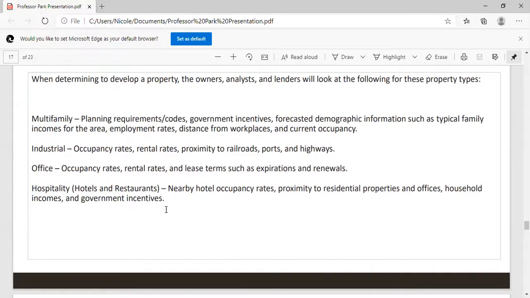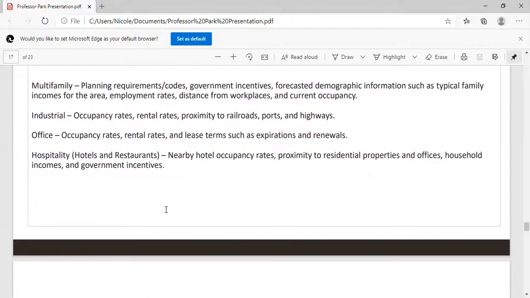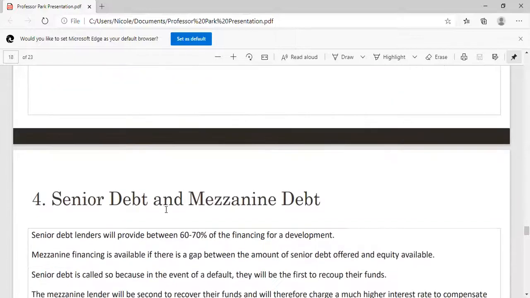Industrial, it's the same as before: occupancy rates, rental rates, proximity to railroads, ports, and highways. Office is the same: occupancy, rental, lease terms, such as expirations and renewals. And hospitality, nearby hotel occupancy rates, proximity to residential properties and offices, incomes, and government incentives.